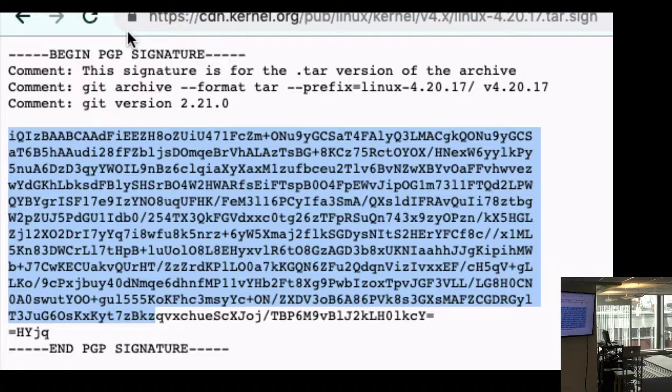Eve might very well be able to take this message, which was encrypted with the private key, and use Alice's public key to read the message. Eve is able to read the contents on the inside.